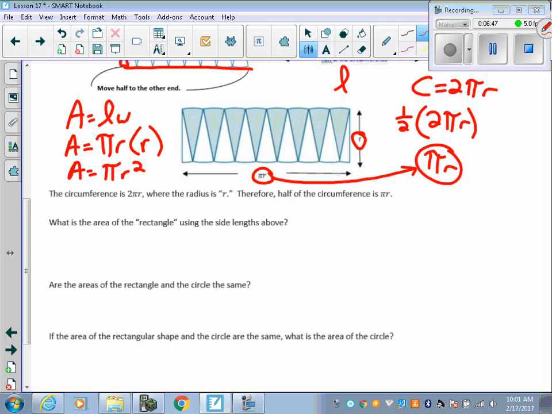And this stuff here, the circumference is 2 pi r, the radius is r, therefore half of the circumference is pi r, that's what I showed you up above there. And then what is the area of the rectangle? Using the side lengths, area equals pi r times r, or area equals pi r squared for a circle.